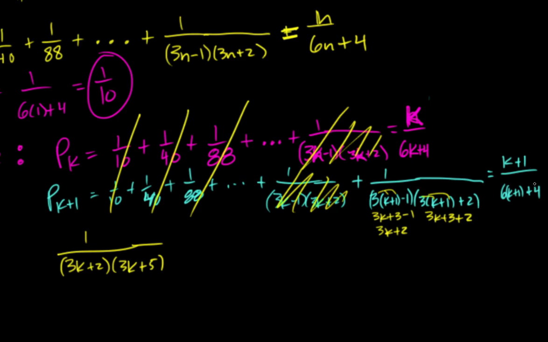And then remember, the blue is really on top, so it's blue minus pink. So we're equal to k plus 1 over, distribute the 6. So it's going to be 6k plus 6 plus 4, which means that's just a 10. Okay, then we're subtracting this.